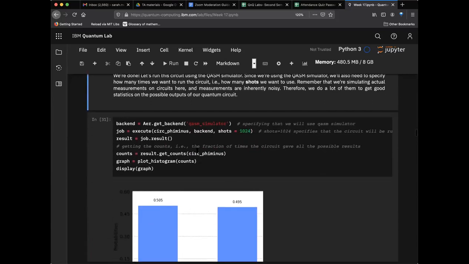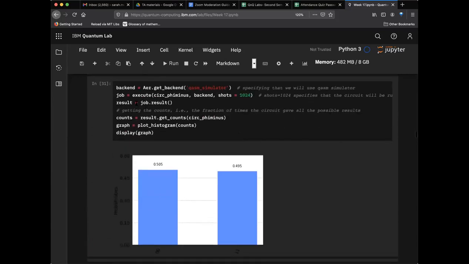And we're going to take our backend and then execute our job with the number of shots we want, store the result of this job, and then get the counts and plot the histogram from the counts. The exact same as we did last week. You can see it's slightly different than what was run before because there's always some randomization.